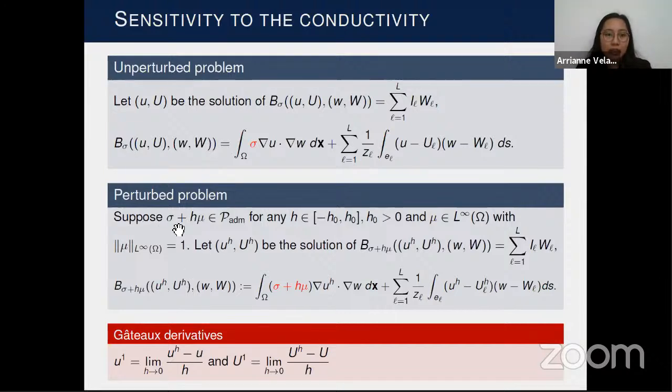For the perturbed problem, we have a perturbation sigma plus h mu, which is still in the set of admissible values, and the direction mu is in L infinity of omega with norm equal to 1. The solution of this perturbed problem is denoted by small uh, big UH, and we highlight this part here, which is the difference between the two variational problems. We denote the Gateau derivatives to be small u1, big U1.